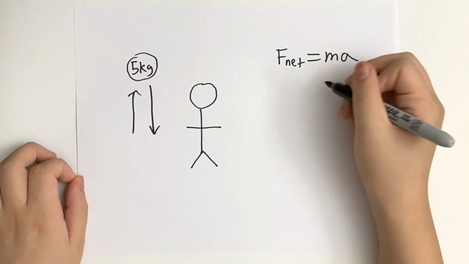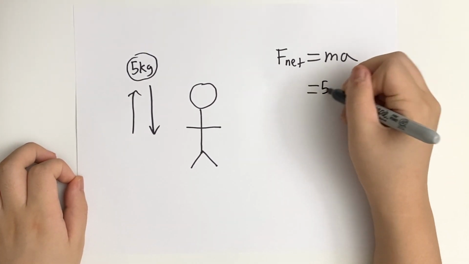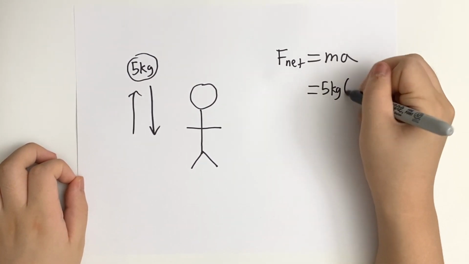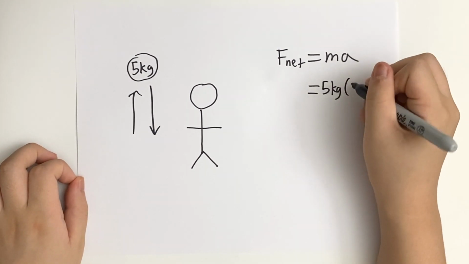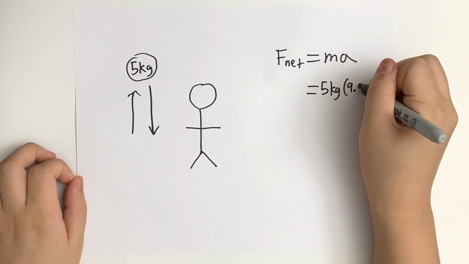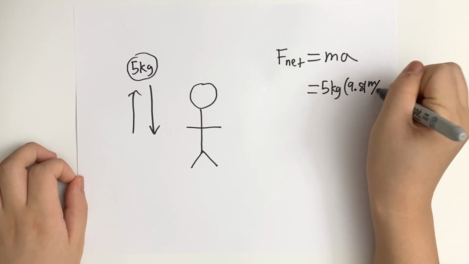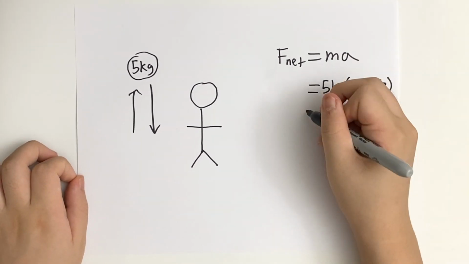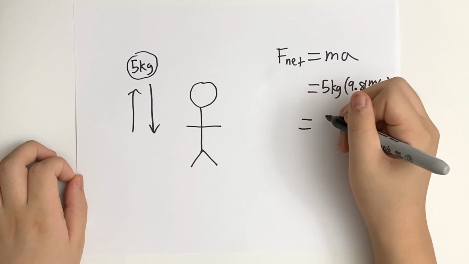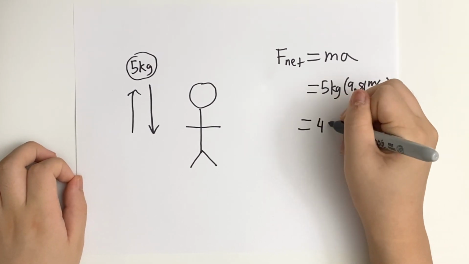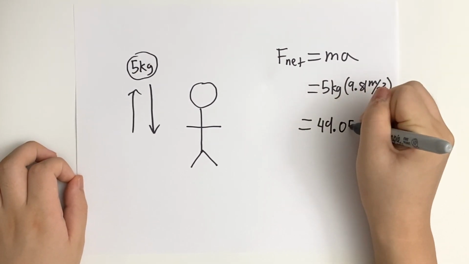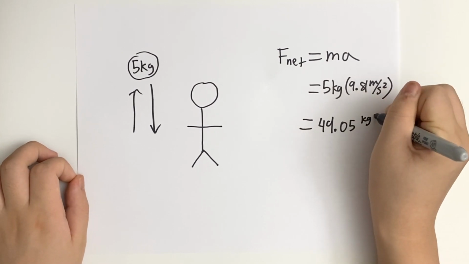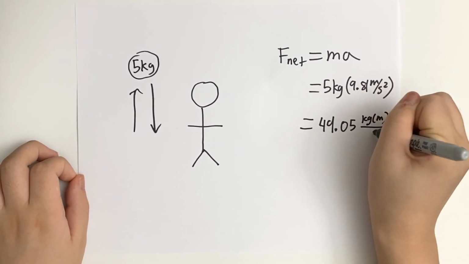We know that the mass is 5 kilograms, and we know the acceleration of gravity is 9.81 meters per second squared. So if we multiply these two numbers, we get that the F net is equal to 49.05 kilogram meters per second squared.